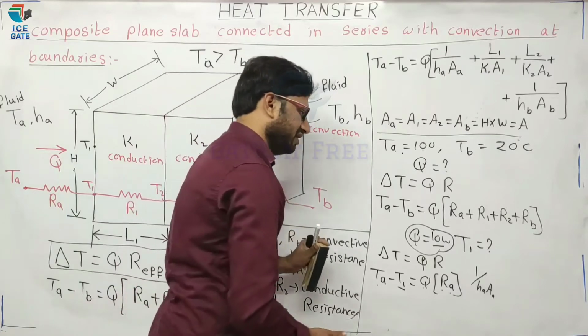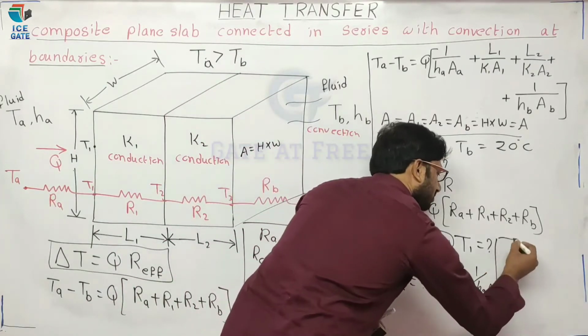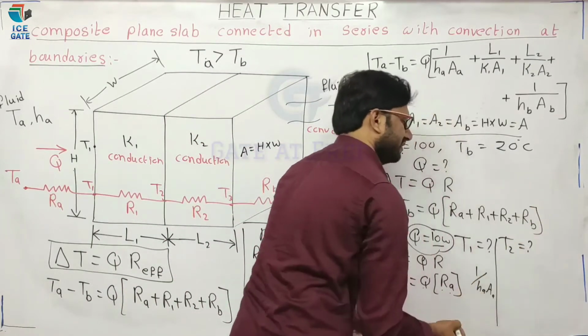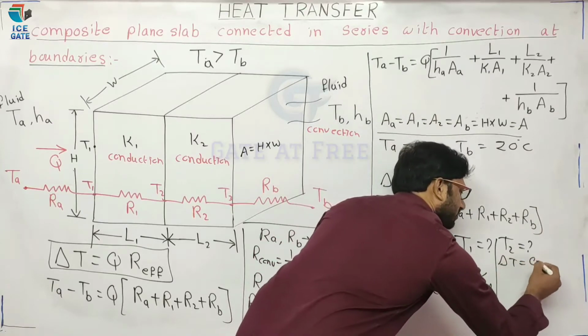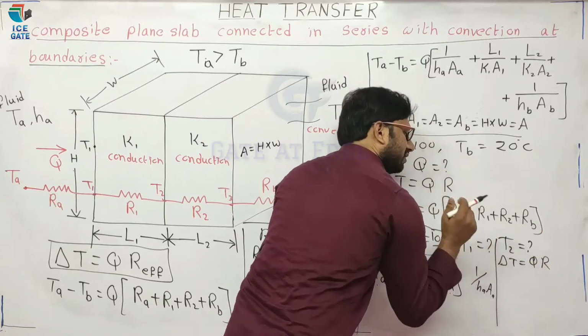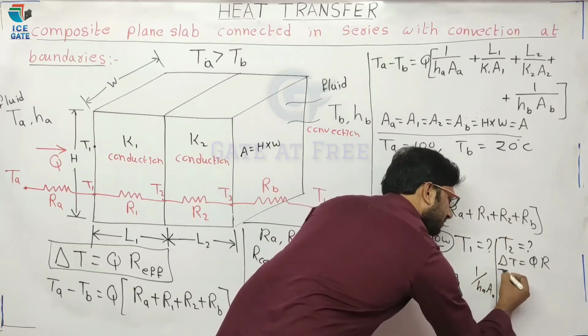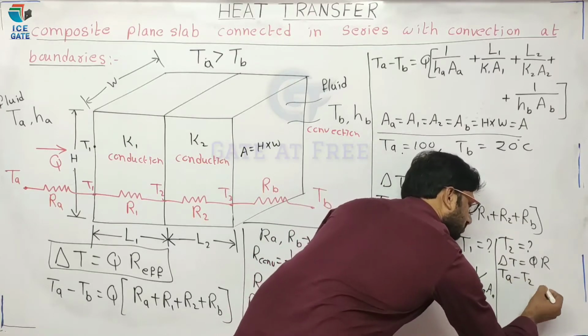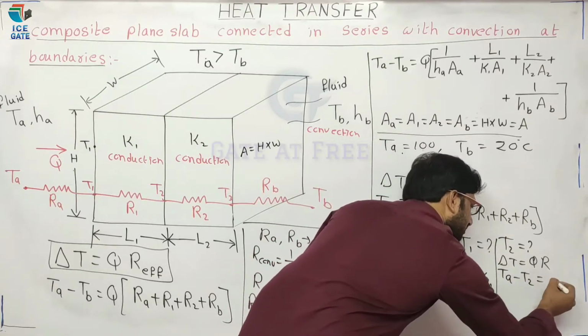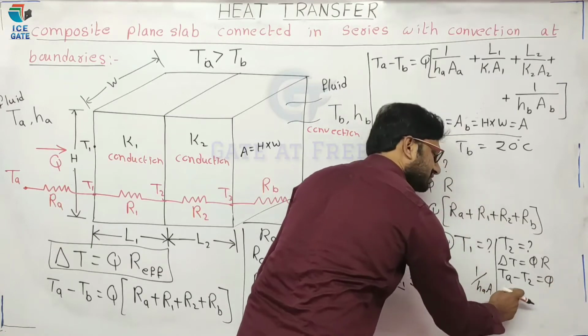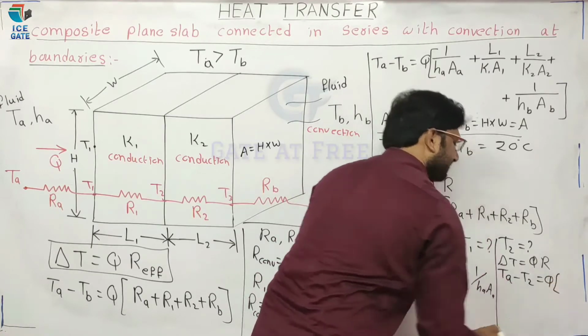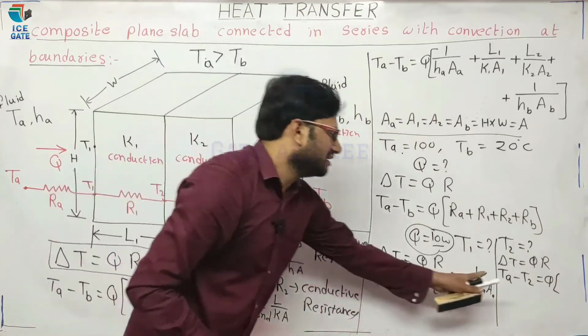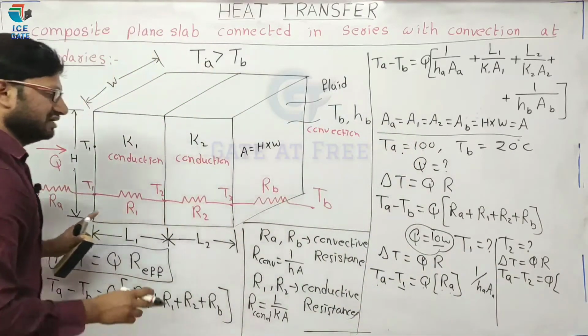Okay. In the same way, if you want to find out T2, then take delta T equal to QR, same equation, but now delta T you can take as TA minus T2. If you take TA minus T2, you have to take the resistances in between TA to T2.